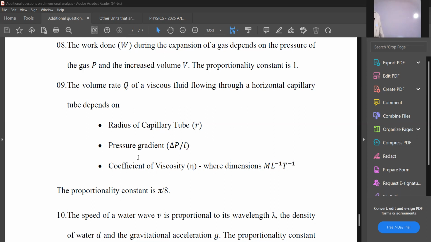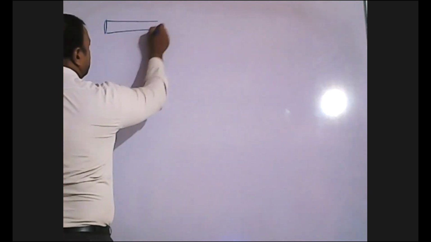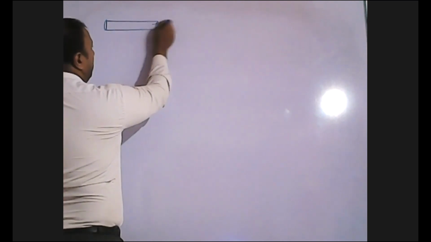The volume rate depends on radius, pressure gradient, coefficient of viscosity. That means, suppose there is a capillary tube, a horizontal capillary tube, and a fluid flowing through this capillary tube.